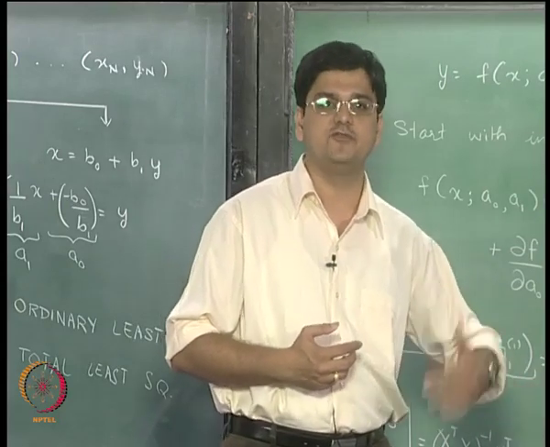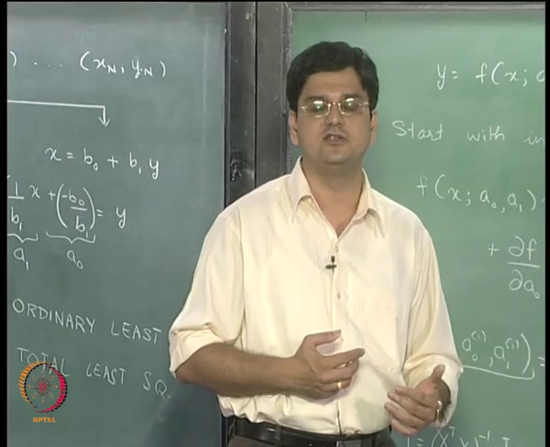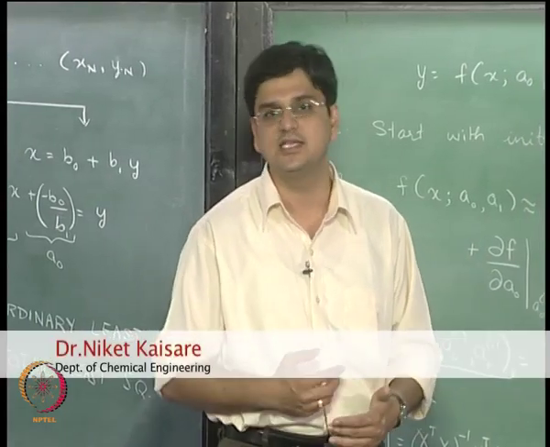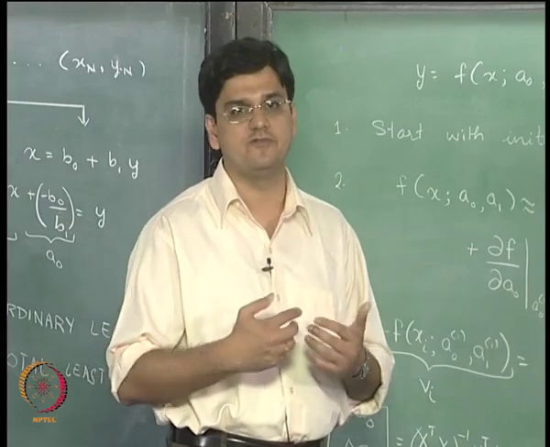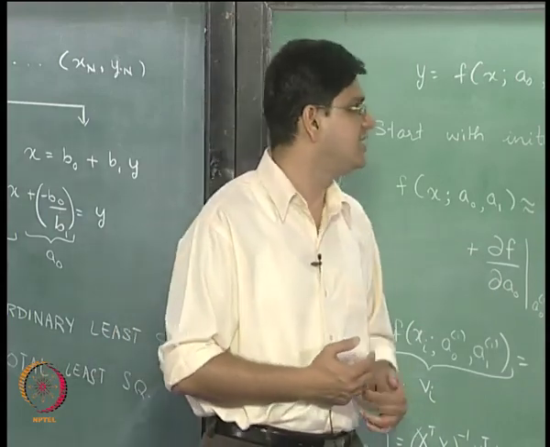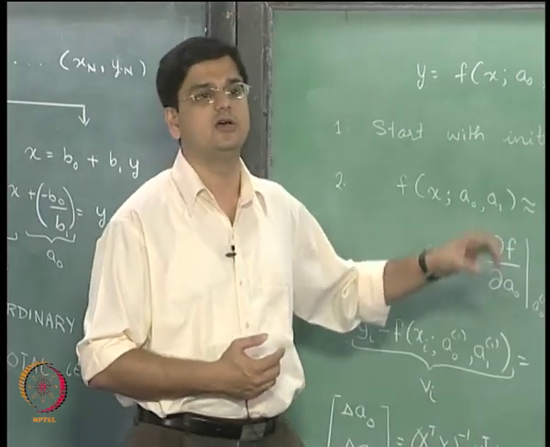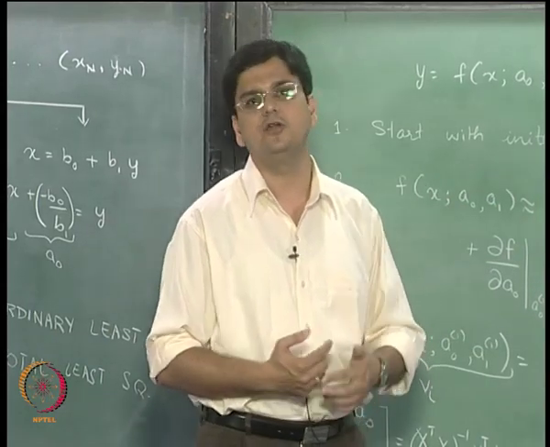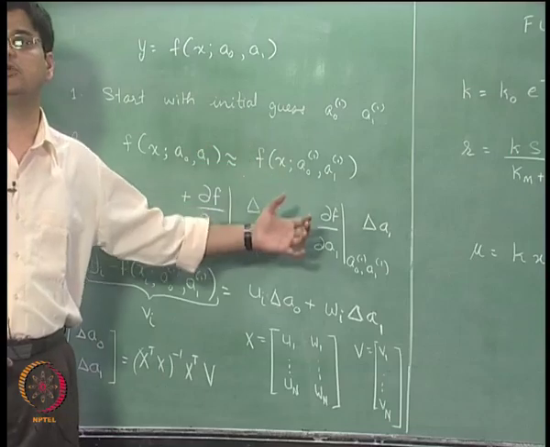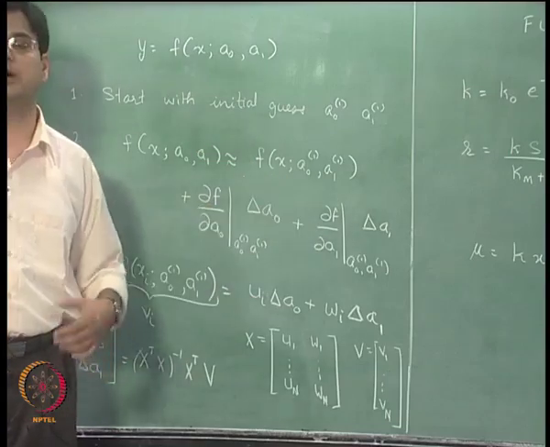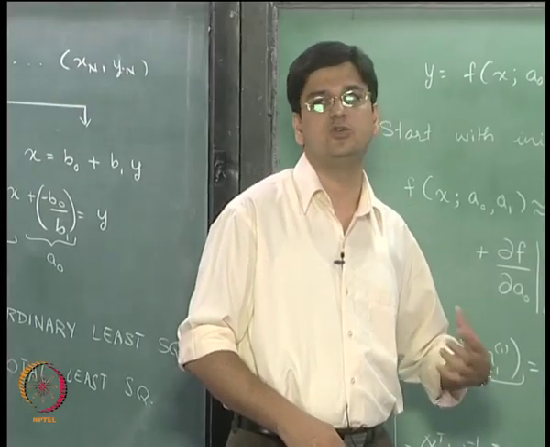In the first case we minimize the vertical distances when we plot y versus x. In the second case we minimize the horizontal distances when we plot y versus x. And finally very briefly we covered the nonlinear regression part. Nonlinear regression just involves linearizing the overall regression model with respect to the regression coefficients a0 and a1.